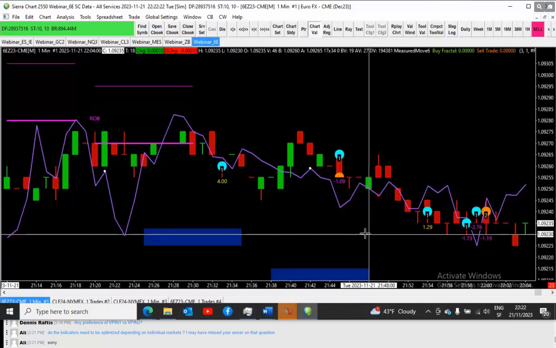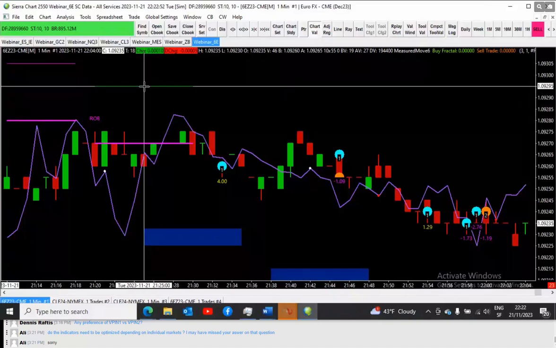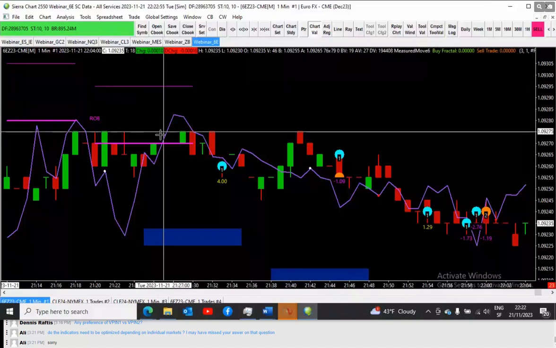Do the indicators need to be optimized depending on individual markets? Not very much, Ali. The indicators I've put on the charts, I have not tweaked the values; I've just taken default values. Now, for things like stop loss, like here, for example, the Rob stop loss is set at 5 ticks.